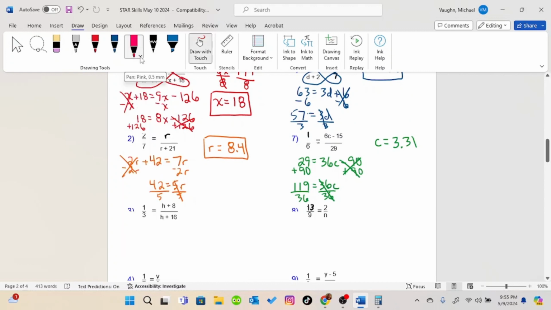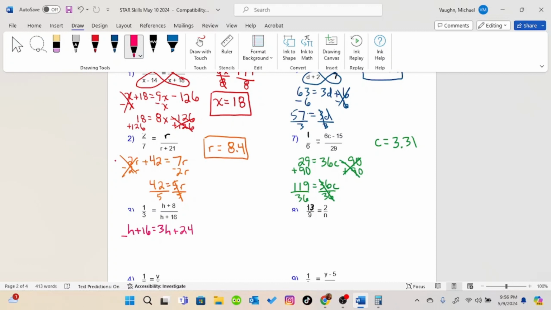Number 3. We cross multiply. 1 times h plus 16 is h plus 16. 3 times h is 3h, and 3 times 8 is 24.